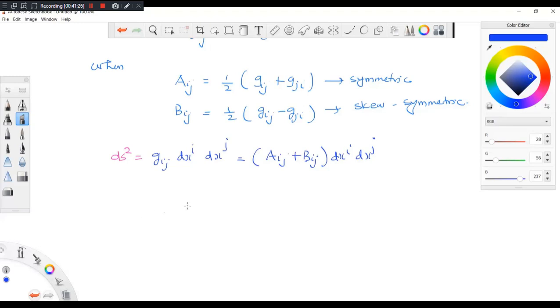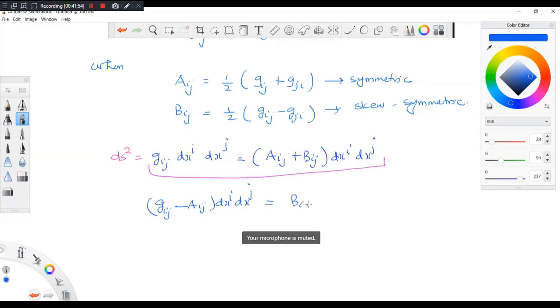Now I consider this part. Take this Aij dxi dxj to the left side. So I have Gij minus Aij, that into dxi dxj, that is equal to, what is on the right side? Bij dxi dxj. Now can you tell me what this right hand side will be?